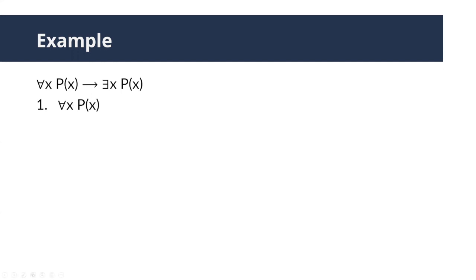The rule is universal instantiation rule. By using that rule, we can imply PA is true, where A is a particular element. And now, using the rule we just learned, existential generalization, we can imply there exists x, Px.